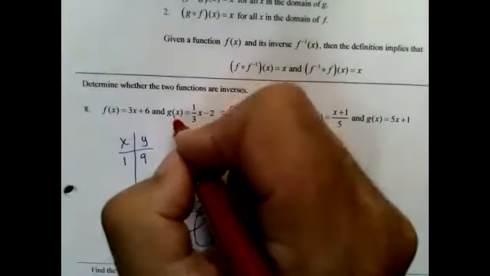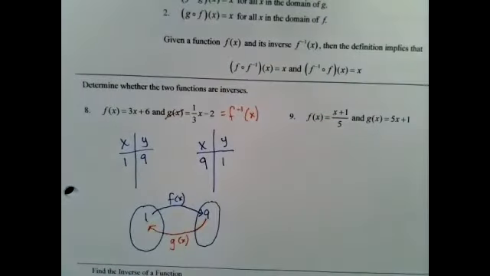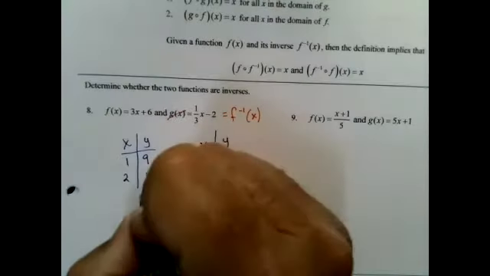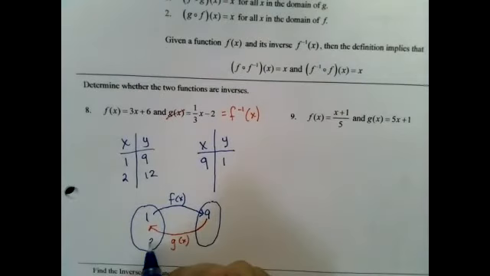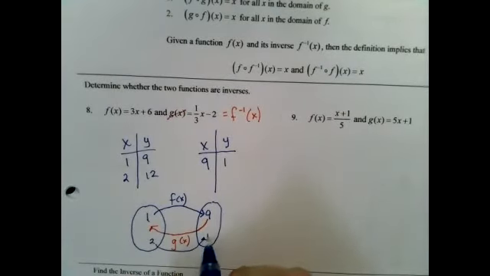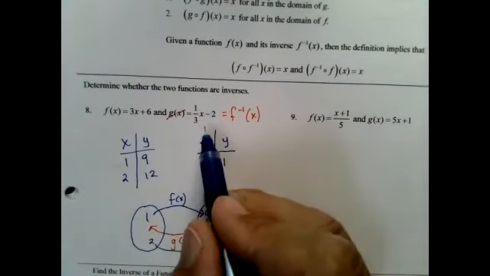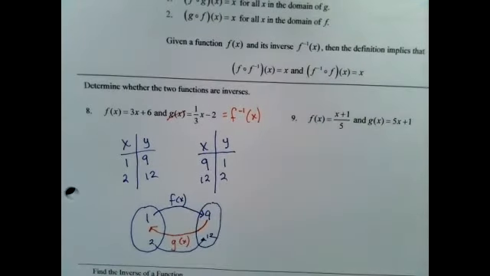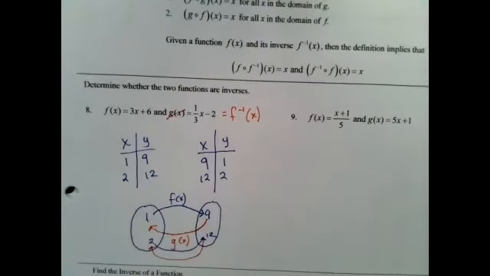So instead of g of x, I could have written the inverse function, the inverse of f. And then I pick another number, 2, I get 12. So 2 here goes to 12. If I put 12 into the second function, I do in fact get 2. Gets me back to where I started.